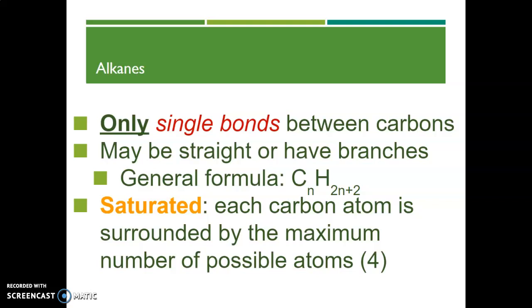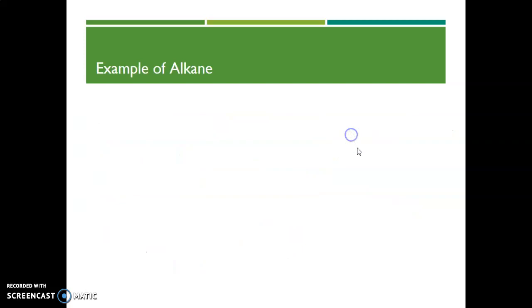And when I say different, it could be the same element, like CH4. Even though hydrogen is repeated, it's still a different atom of that particular element, okay? It's going to have 4 single different bonds to that carbon. So that's what we mean when it's saturated.